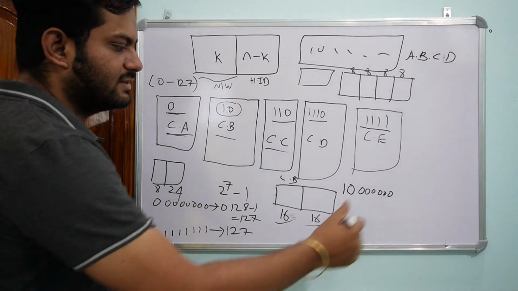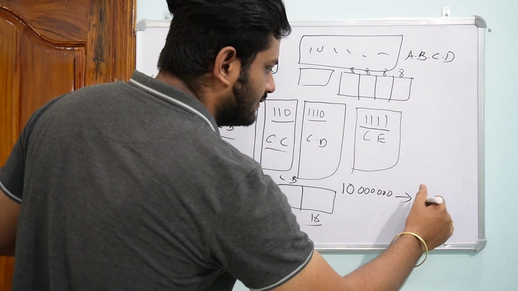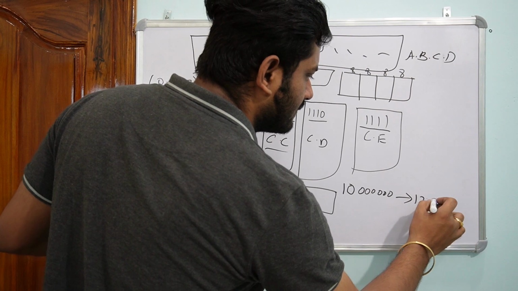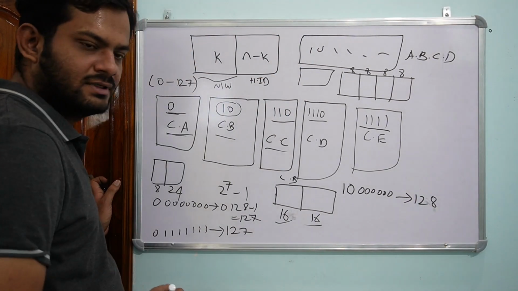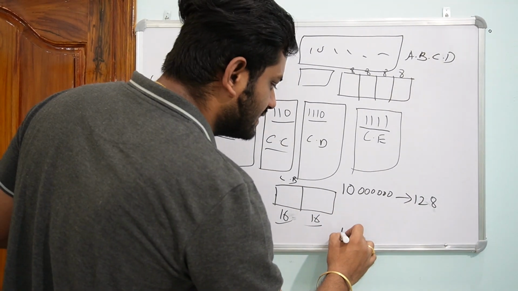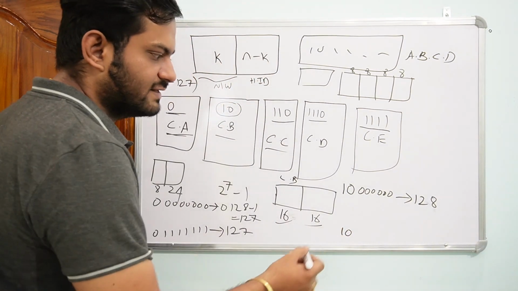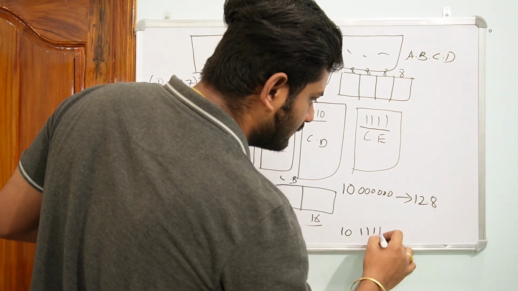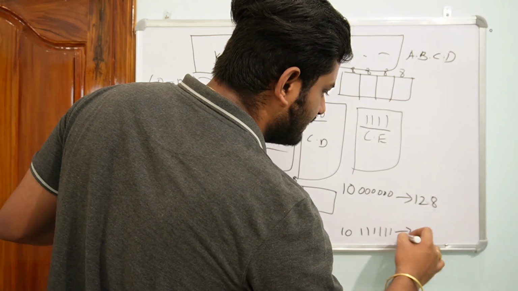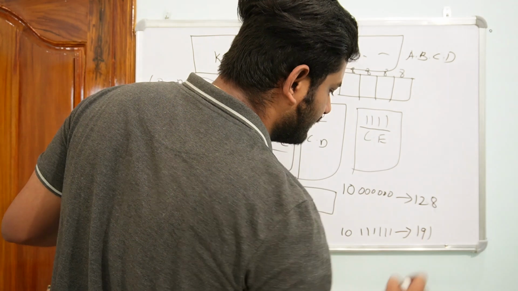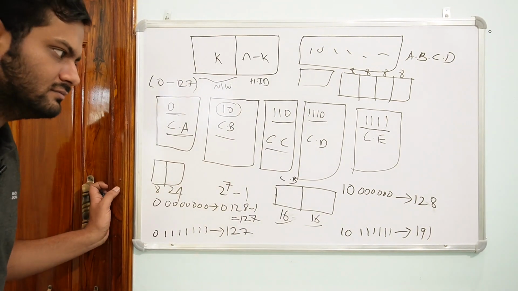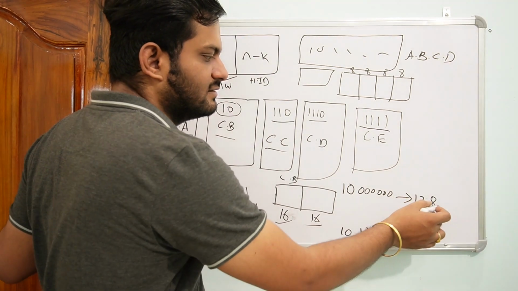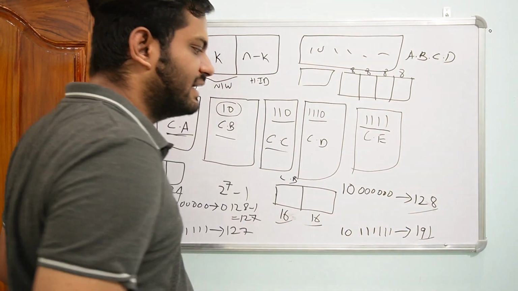So total 8 bits and you have all the zeros, and this will be 128. And similarly, the last one will be, since first 2 bits are fixed, 10, and the last one will be 111111. This will be 191. And now for the first octet, the range is 128 to 191.